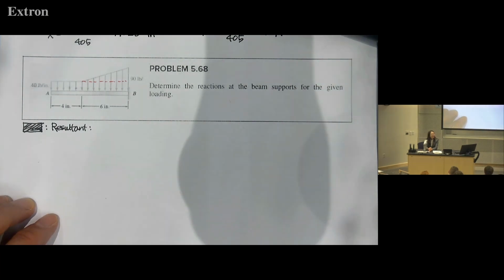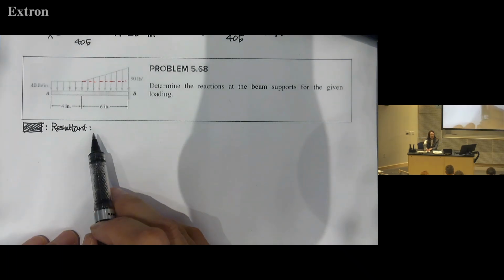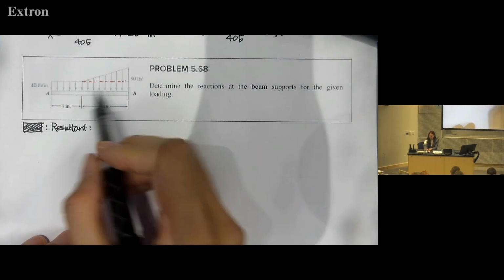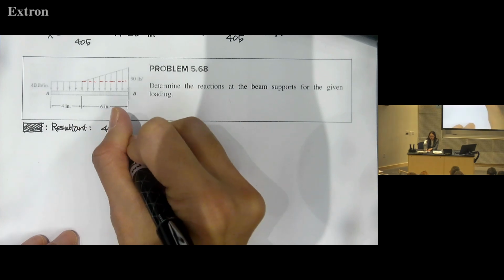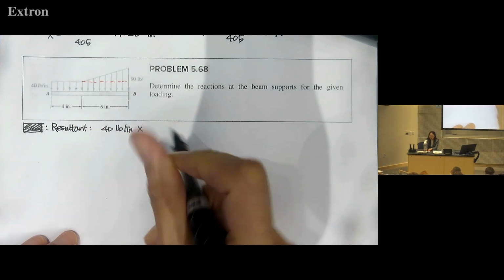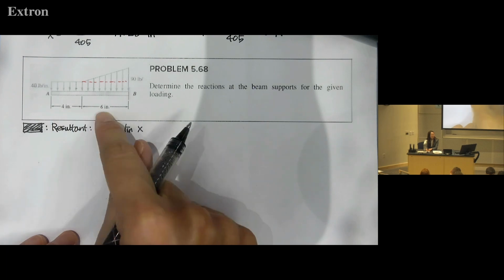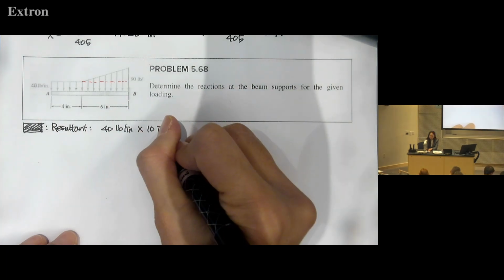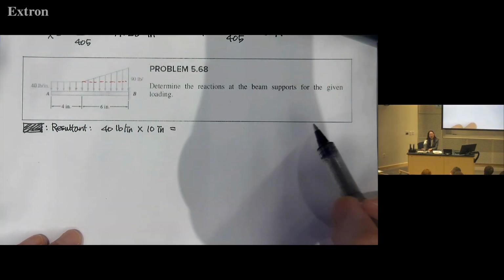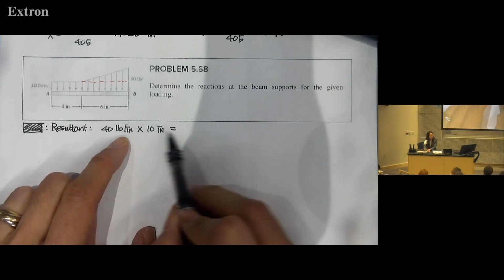Okay, what is the resultant, the area within the rectangle? B and H, right? So H is 40 pound per inch, and then B is 4 plus 6, 10. Right, and then focus on the units too.